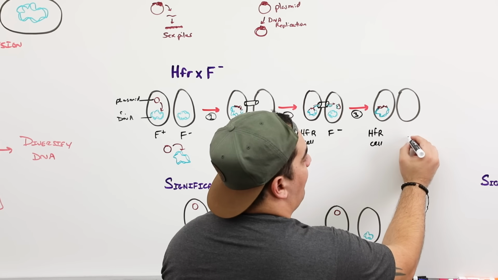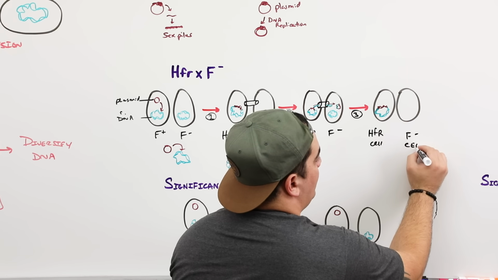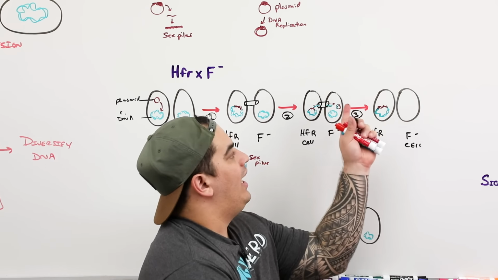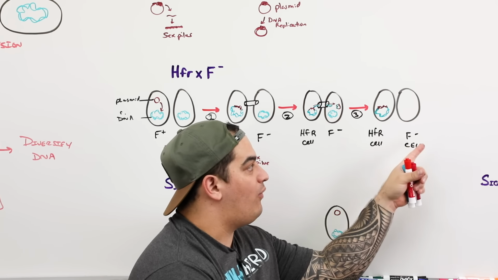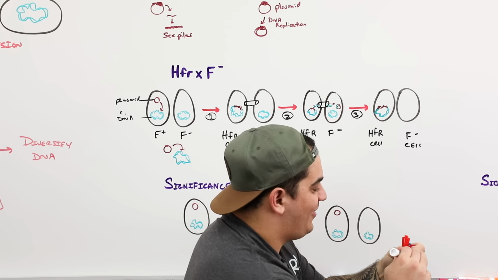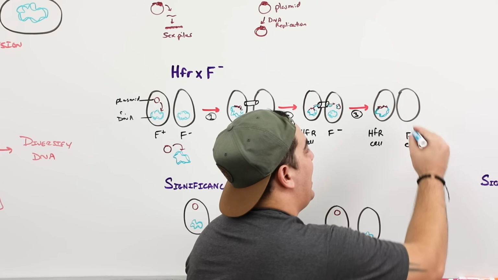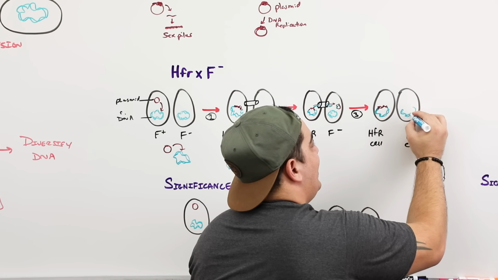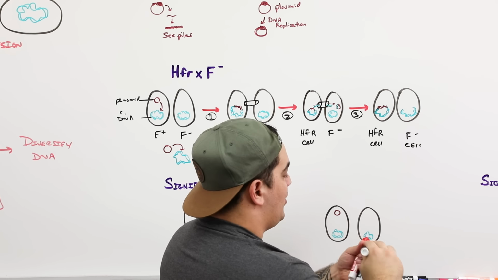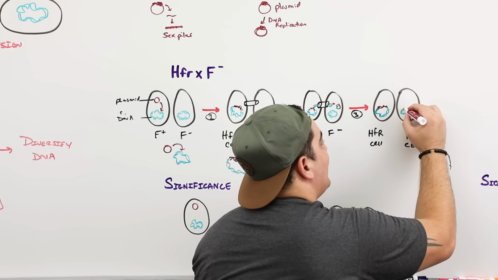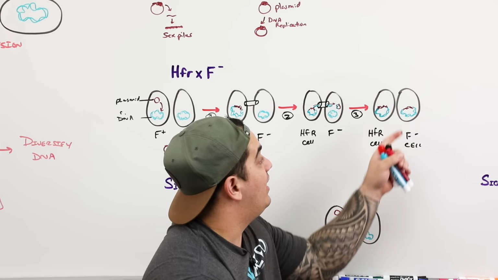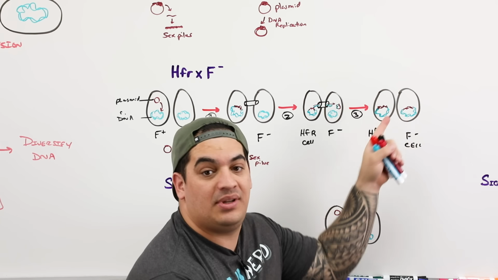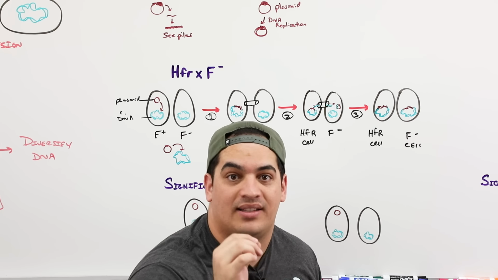And you're still going to have an F- cell, because this F- cell didn't get all of the plasmid, and therefore it didn't get the genes necessary to make a sex pilus. So it's F-. But it did get some of the plasmid DNA and some of the bacterial DNA. It doesn't have the portion of the plasmid DNA that allows it to make the sex pilus.